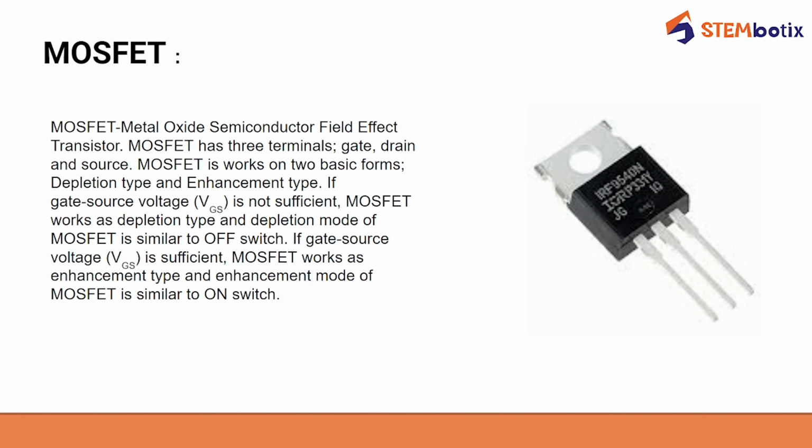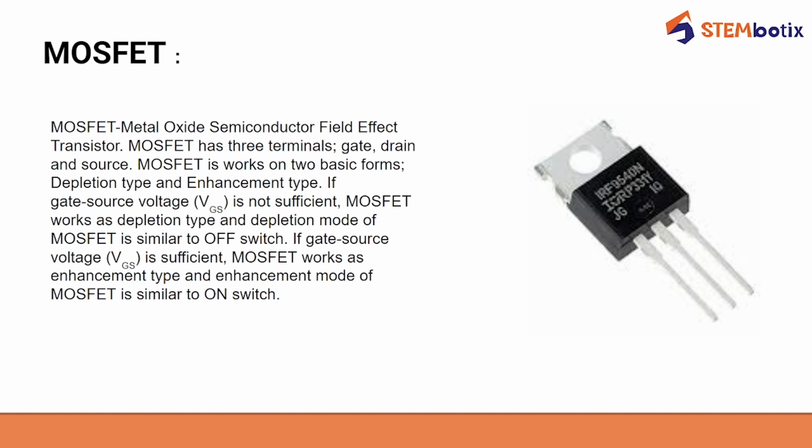Now MOSFET, the abbreviation MOSFET stands for metal oxide semiconductor field effect transistor. Now this kind of transistor has three terminals, which are gate, drain, and source. This MOSFET works in two basic forms, which are depletion type and enhancement type.